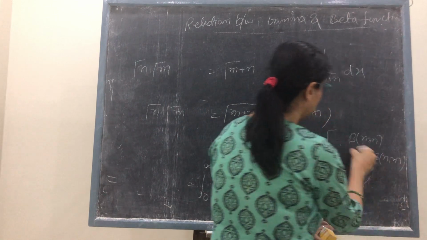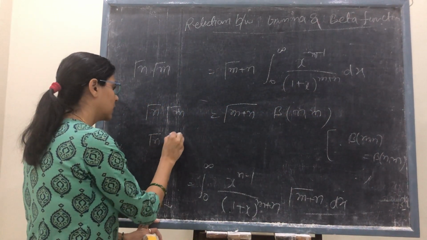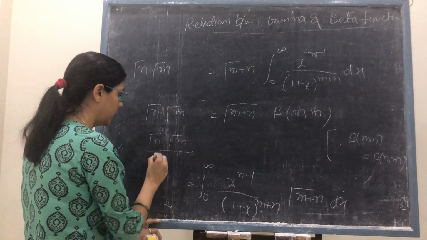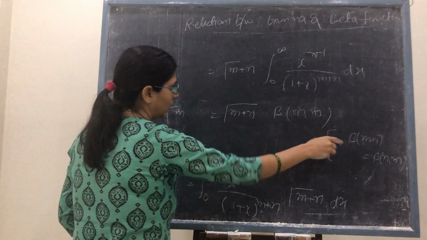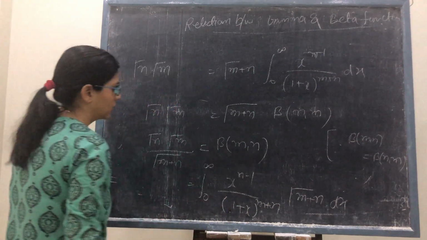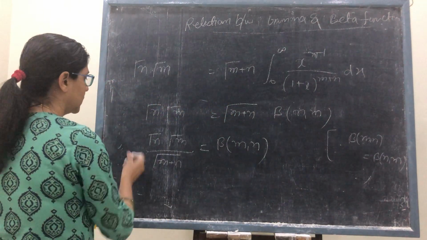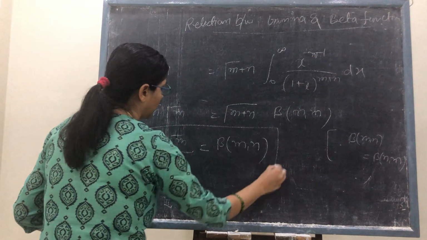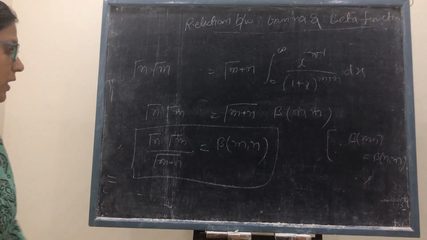So applying here, we can write gamma of n, gamma of m over gamma of m plus n equals beta of n, m, which is beta of m, n. This is what we have to prove, that beta of m, n equals gamma of m, gamma of n over gamma of m plus n.